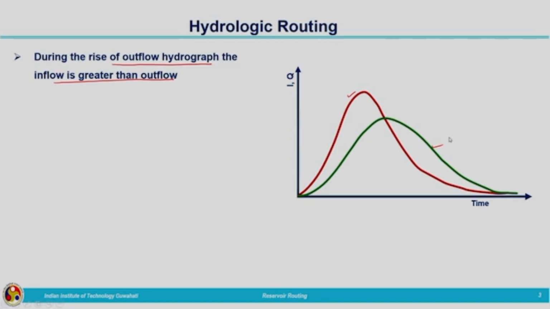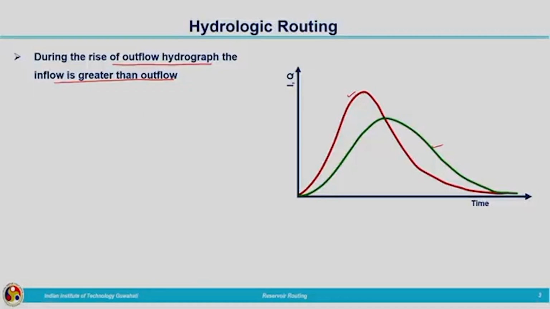When you compare the rising limbs of both, the inflow hydrograph's rising limb is higher than that of the outflow hydrograph. That is, the outflow value is lesser than the inflow value on the rising limb, where that much deficiency has taken place in the Q value.